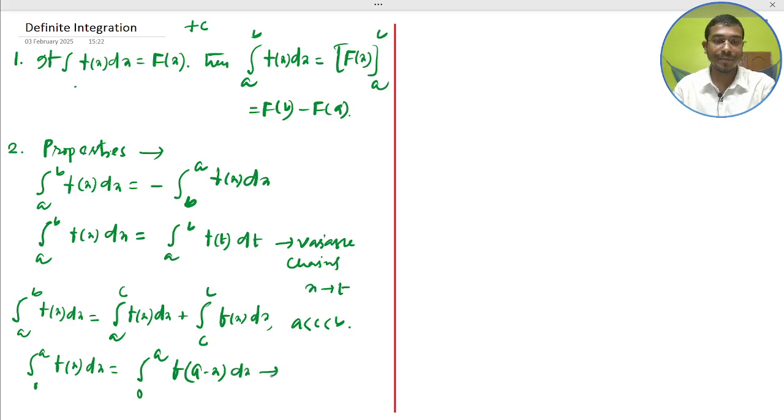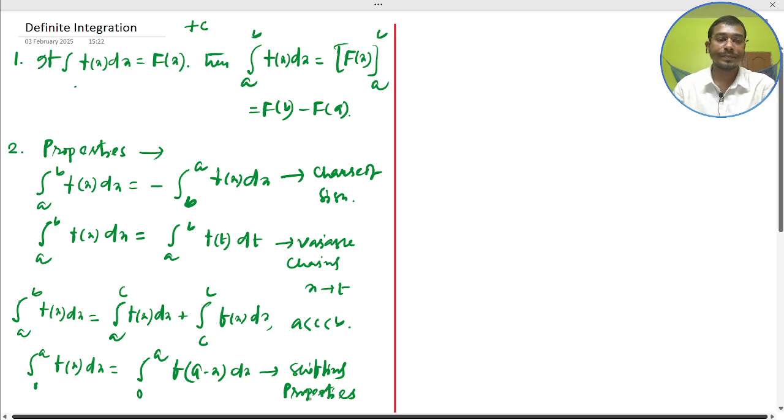This is called the shifting property. Very important. Shifting property. This is the change of sign.